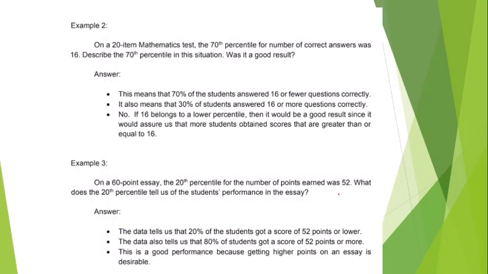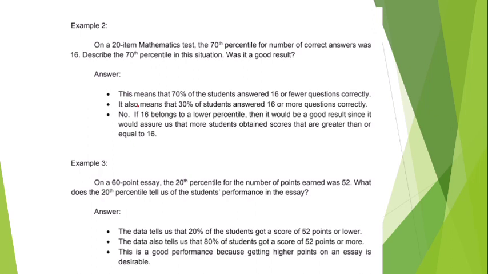Now, example 2. On a 20-item Mathematics 10 test, the 70th percentile for the number of correct answers was 16. Describe the 70th percentile. Was it a good result? First, let us explain. This means that 70% of the students answered 16 or fewer questions correctly. Fewer means konti lang.